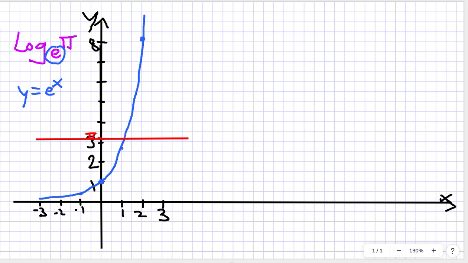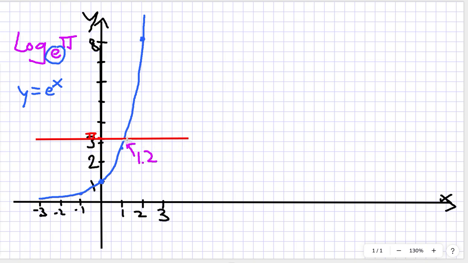And where do they meet? A little bit to the right of 1, I'd say. Sure. I think even less than that. That's like 1.2 or something, or 1.1 something. Let's just say 1.2. It's not 1.25.